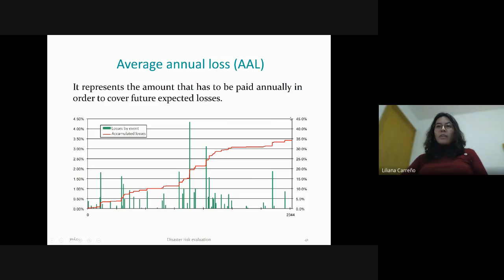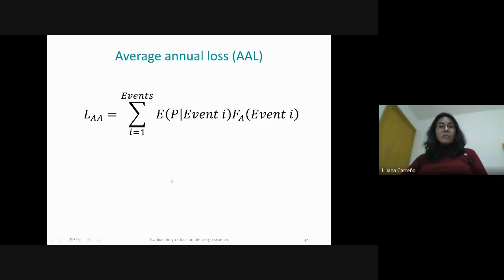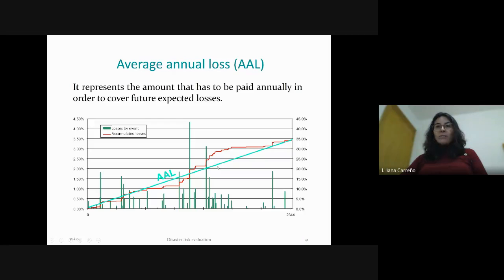If I have the accumulated losses, I can draw this kind of thing. And when I fit a straight line to this red figure, I have something like this, where the slope of this line corresponds to the average annual loss, which is the amount to pay annually for all the potential future losses.